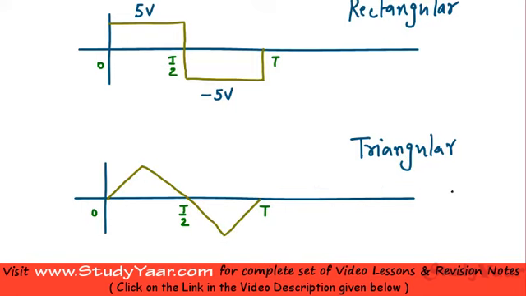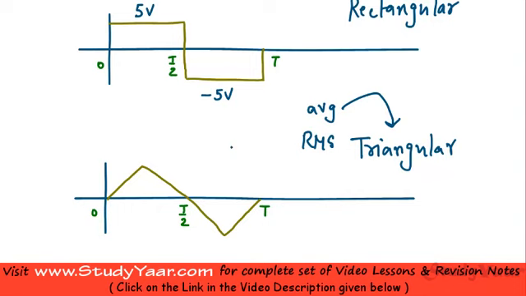Why are we talking about these waveforms? Because in the exams you are often asked to find out the average value or RMS value of a given waveform. So if in the exam you are asked to find the average value of a triangular waveform, at least you must know how a triangular waveform looks.